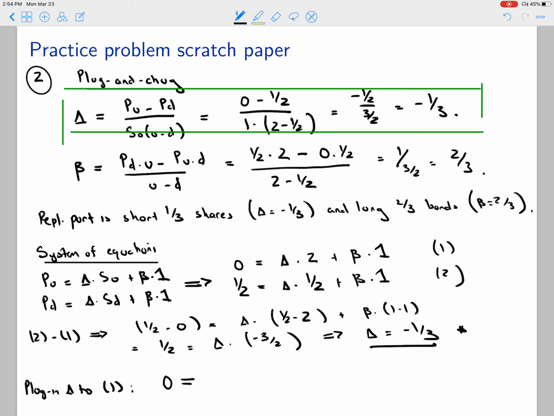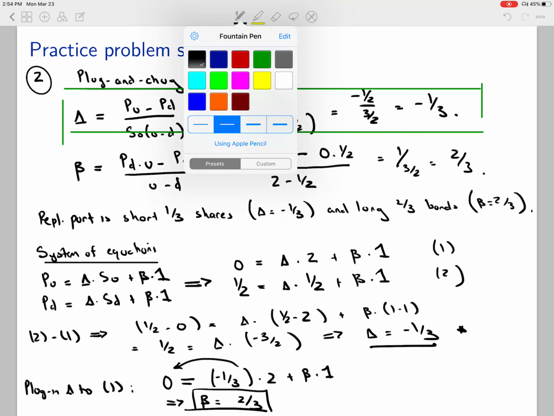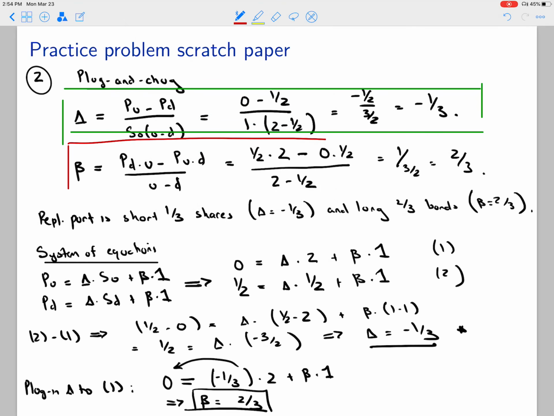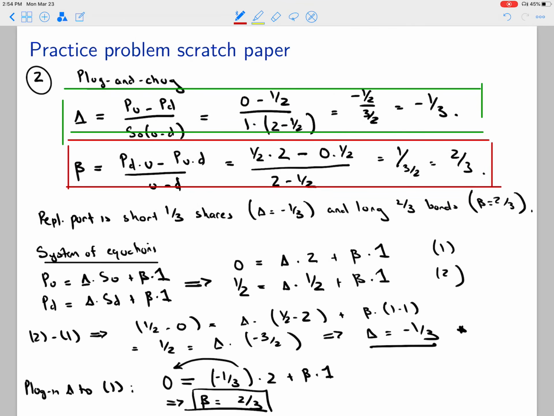It's going to be 0 equals delta, negative 1/3, times 2 plus beta times 1. This is going to imply that beta is equal to, move this over to the left, 2/3, which is the exact same as we had before. Either way is going to yield you the correct results. Good way to check your answer on a test, do them both.